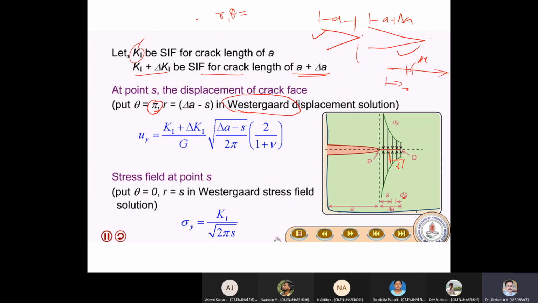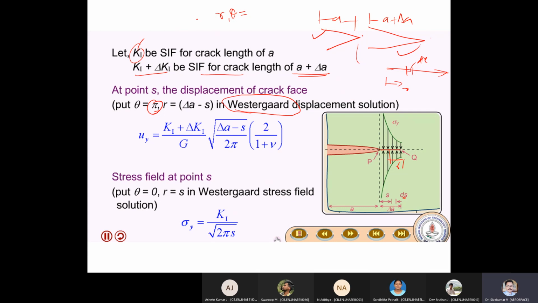Now, you can take a plane stress structure. There you have a crack. You are applying the fatigue load, and because of the fatigue load, the delta A has formed. In that situation, I am closing the crack by applying a stress sigma y in this particular fashion, with more stress at this point and less stress at this point to close the crack.